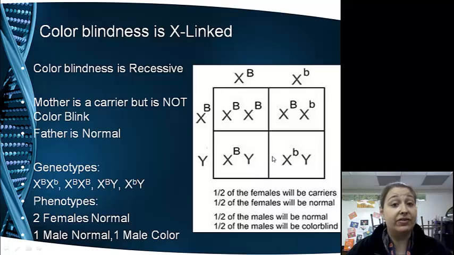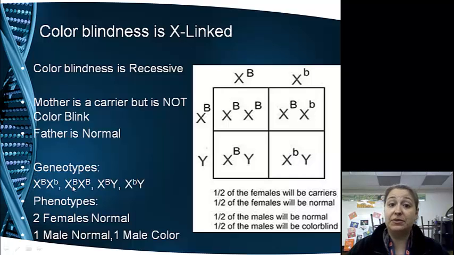Now, looking at the gentlemen, or the males, we have X big B, Y, which is a normal male, but we also have X little b, Y. Now, again, in males, since we only have one X, they only have one try to get it right. And this X has the mutation. So this gentleman right here would be colorblind.